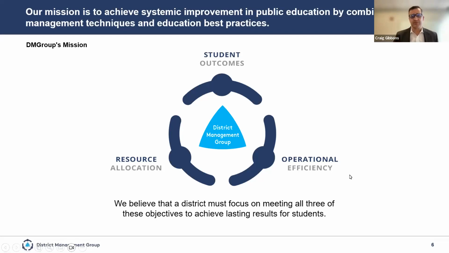The three elements we focus on in all the work we do are resources, operations, and students. Really what we're looking at is how you leverage the resources you have in the most effective ways to produce the best outcomes for students. When we're constantly incorporating all three of these elements into your work, you can bring about truly sustainable, high impact results for your students.